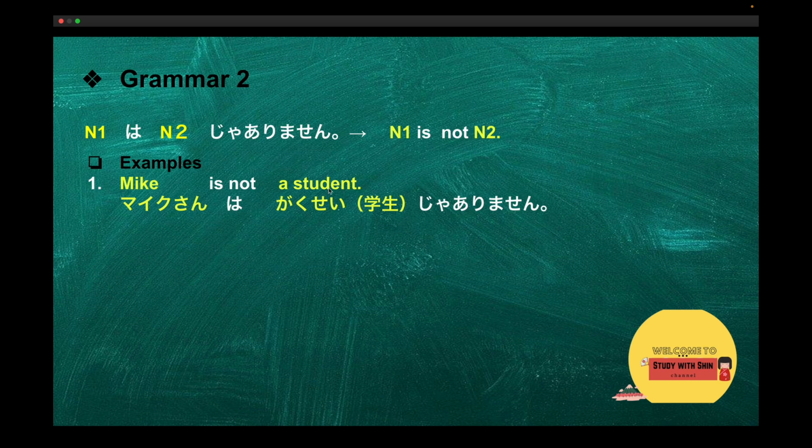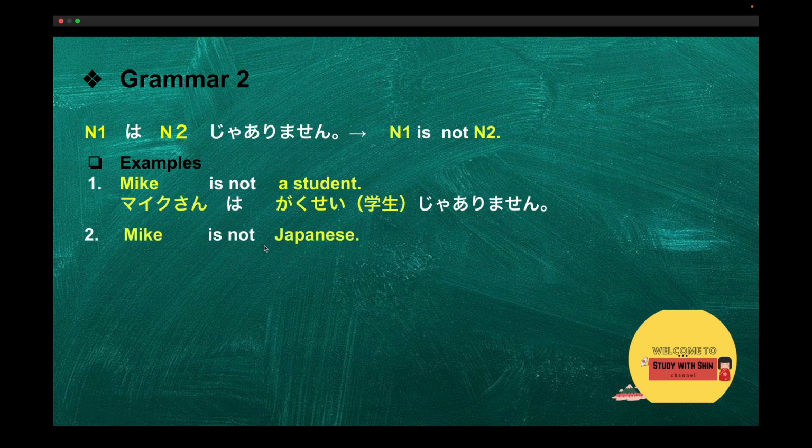If we want to say Mike is a student, we have to use the grammar point 1 we just learned, which would be Mike さんは学生です. Instead of じゃありません, you say this. Here you want to negate it, so you remove this and then add じゃありません. マイクさんは学生じゃありません.